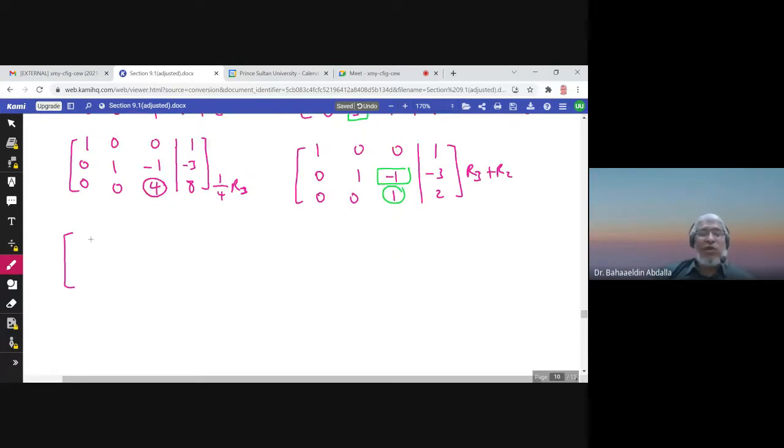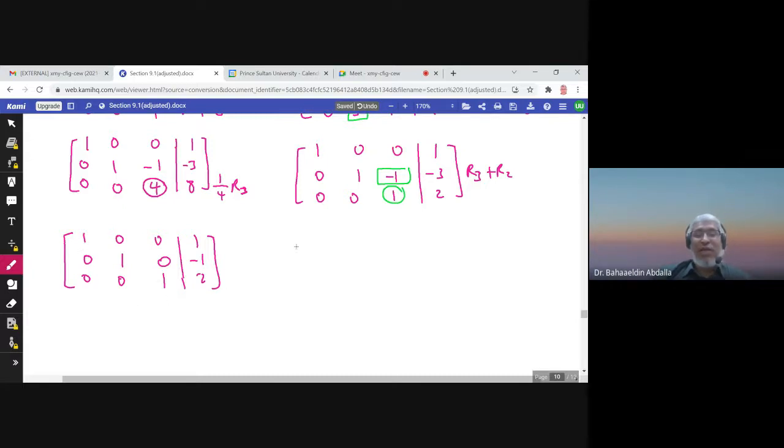The first row is not changing, and the third row. The second will be changed. Notice I am using row 3 here because I have 0, 0, so there is nothing changing here. If you want, you can add 0 plus 1, 1, 0 plus 0, 0. 1 plus minus 1, 0. 2 plus negative 3, negative 1. And I finished. This is the Gauss and Jordan elimination.